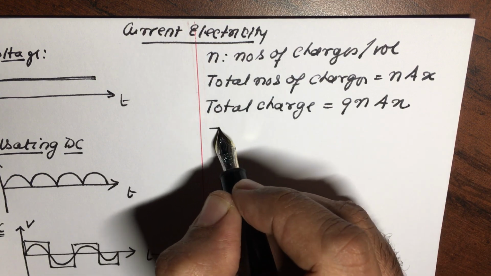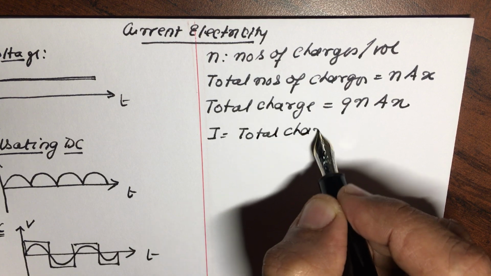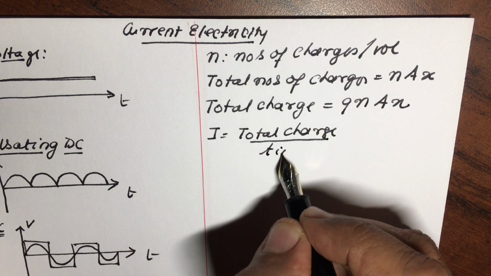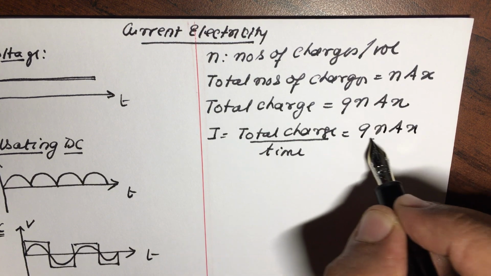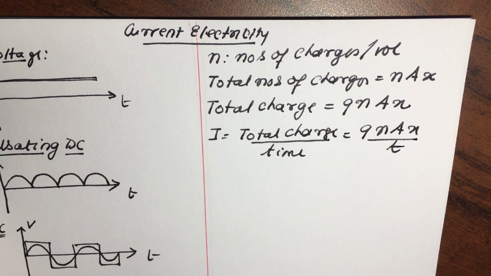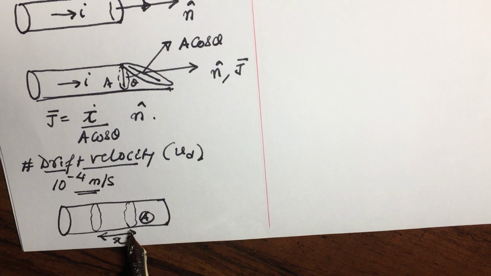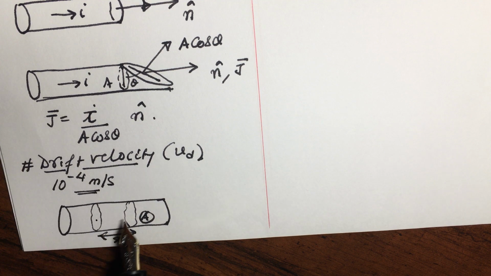Now how do you define current? Current would be the total charge upon the time. So that will be q n A x by t. Now x, if you remember, is this distance, and t is the time, let us say, to go from here to here.